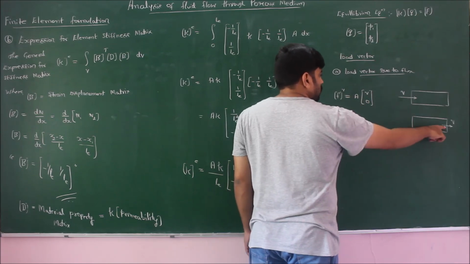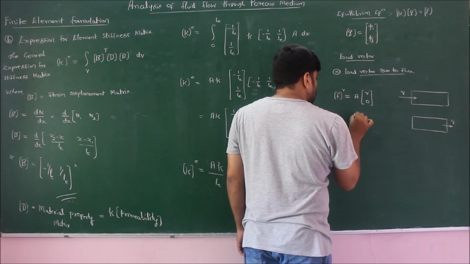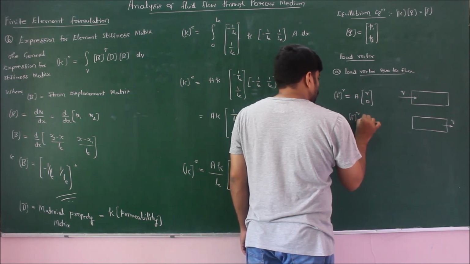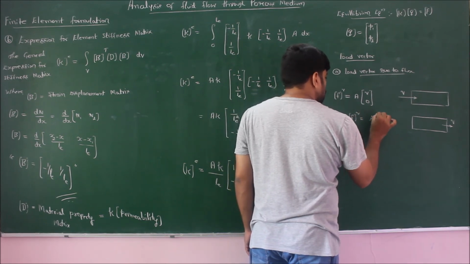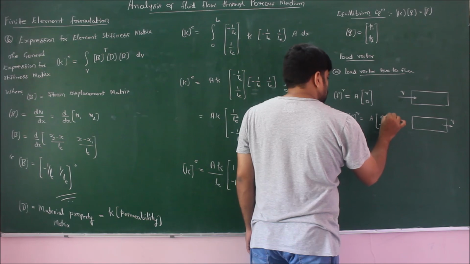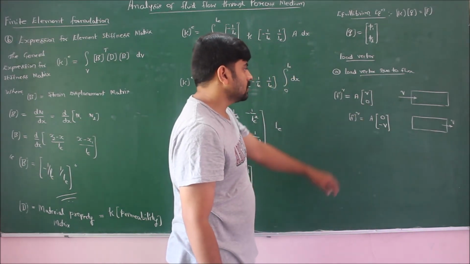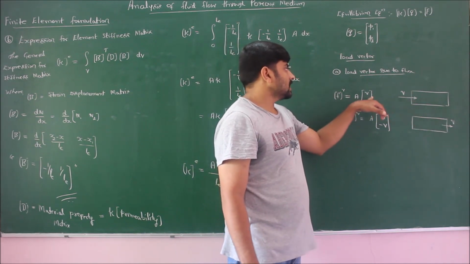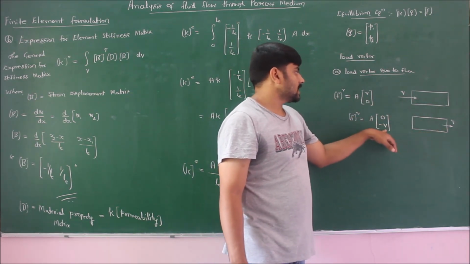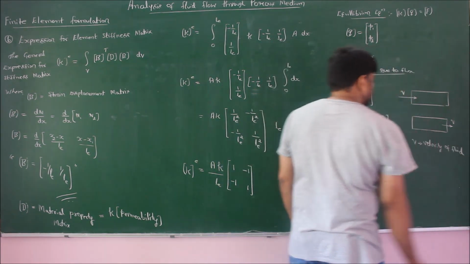If fluid is leaving the element, then the load vector due to flux, that is velocity, is equal to cross sectional area times 0 and minus V. This is analogous to heat flux in analysis of heat transfer problems. Fluid entering the element is taken as positive, fluid leaving the element is taken as negative, where V is the velocity of the fluid.